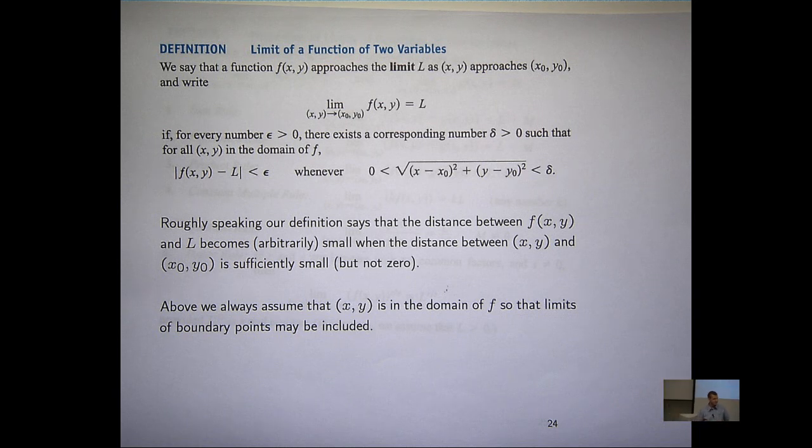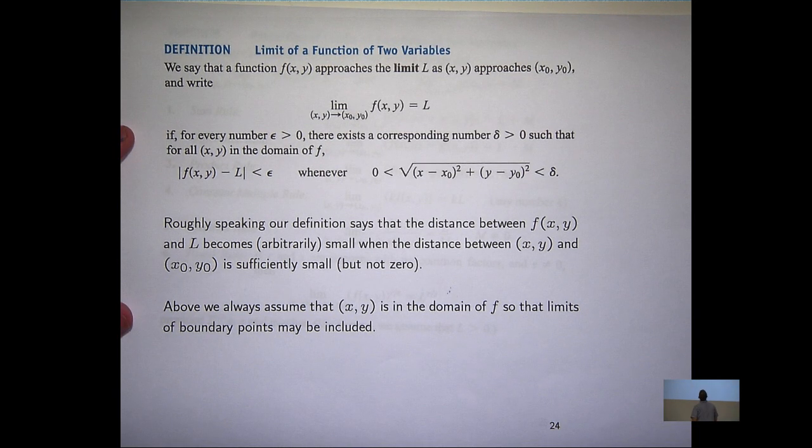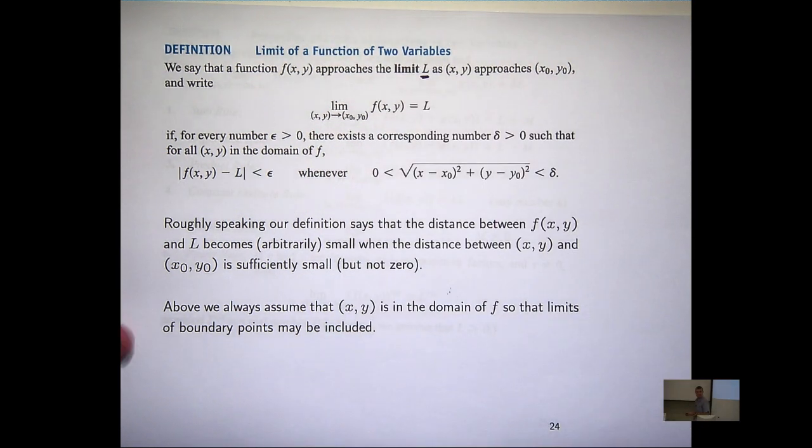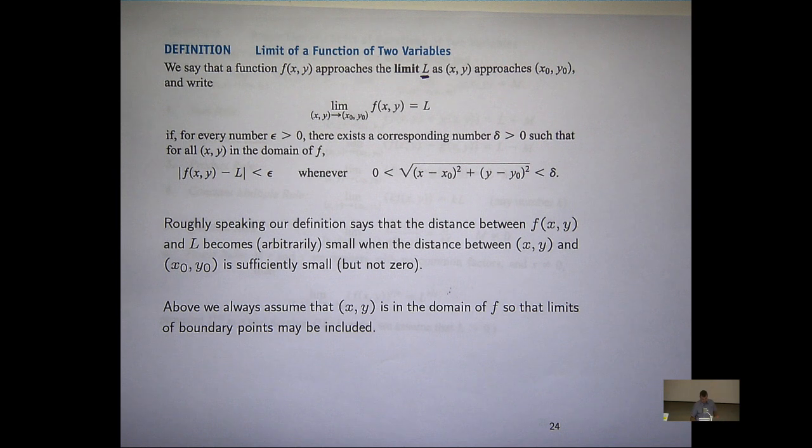So what does it mean? Well, suppose L is a real number, like 2, minus 1, 0.